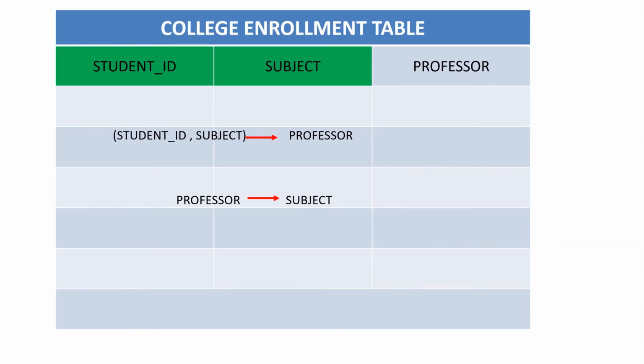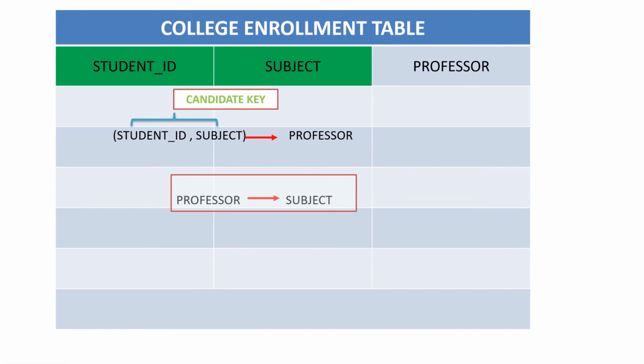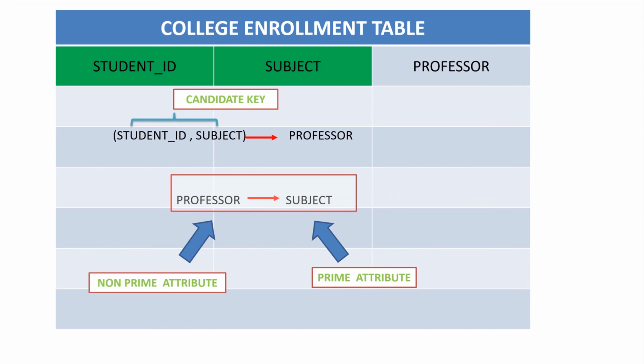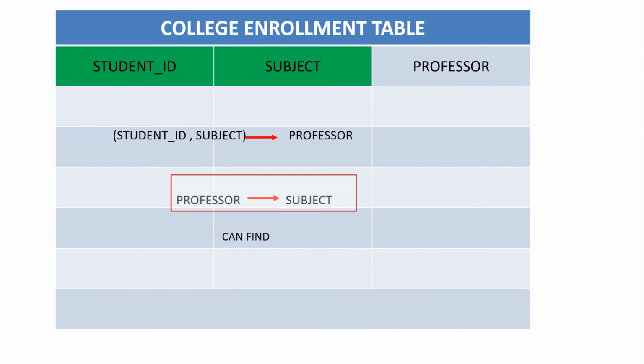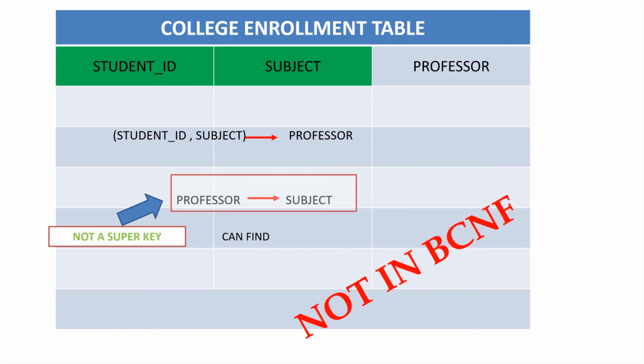Now coming to the last stage, it is already in third normal form, but see the situation here. From the professor we can also derive the subject. Here student ID and subject are the candidate key. Professor is a non-prime attribute, whereas subject is a prime attribute. Now if a professor can determine a subject and professor is not a super key, it is not in BCNF.